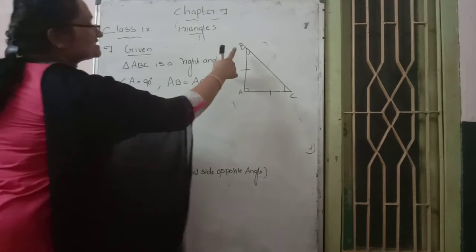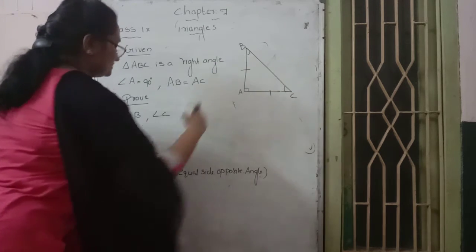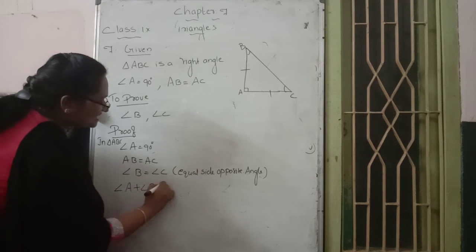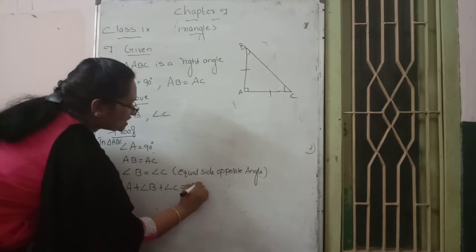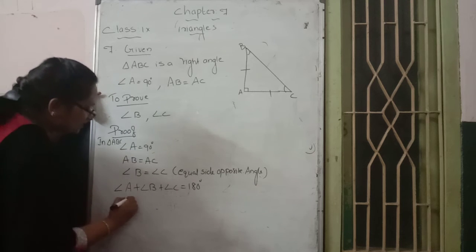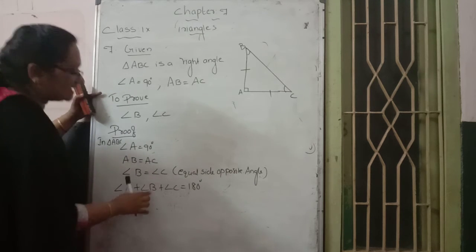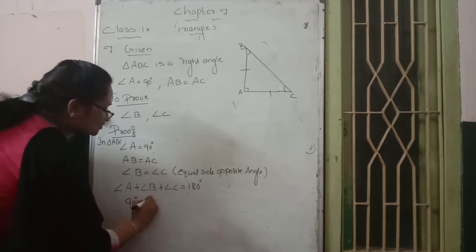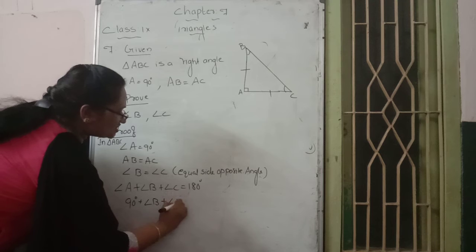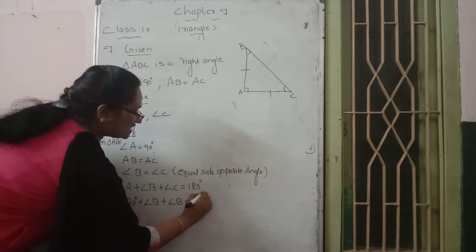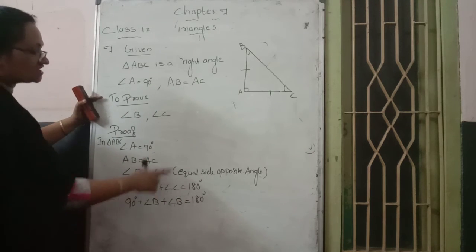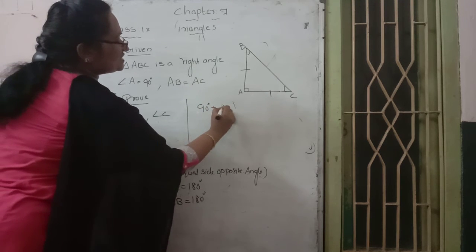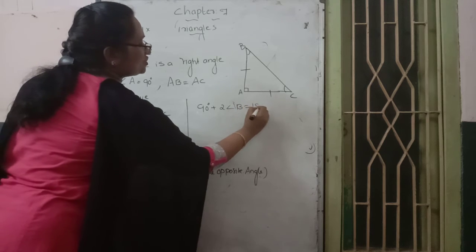Then the angle sum property is applied in triangle ABC. The angle sum property says that angle A plus angle B plus angle C becomes how many degrees? 180 degrees. Angle A is 90 degrees. We proved that angle B and angle C are equal, so instead of C we can substitute angle B. Here angle B is there 2 times, so 90 degrees plus 2 times angle B is equal to 180.